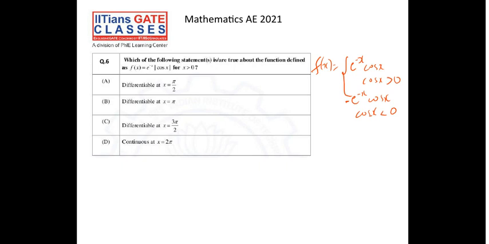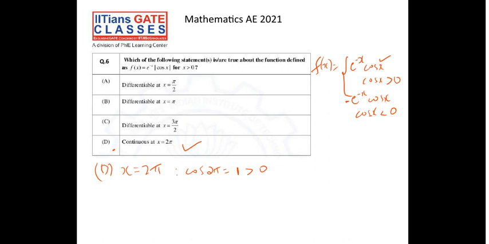Now we'll evaluate option D. So at x equal to 2 pi, cos of x, which is cos of 2 pi, is 1. And since 1 is greater than 0, we will be applying this expression. And since there is only one expression for this, it is going to be continuous at x equal to 2 pi. Hence, this option is correct.